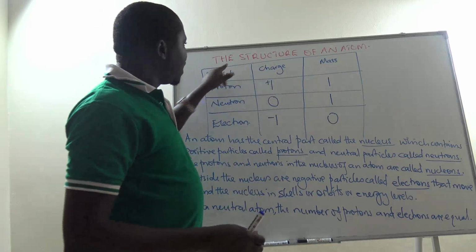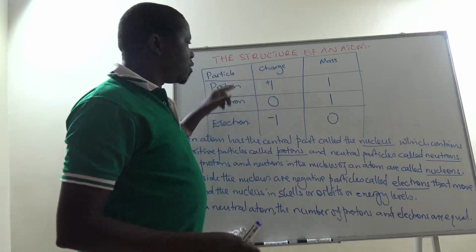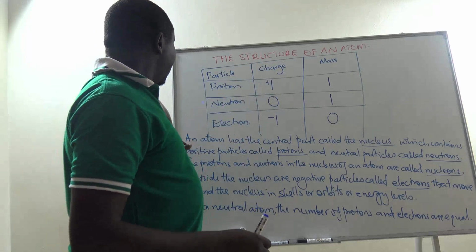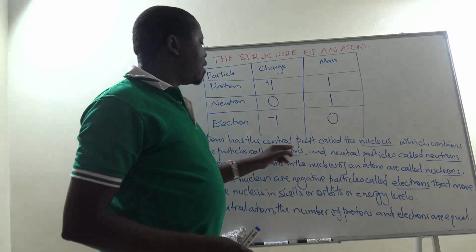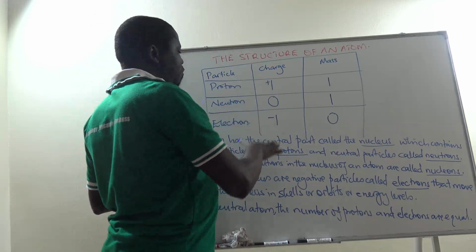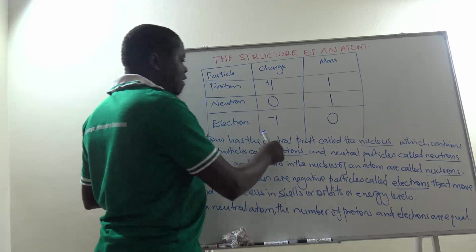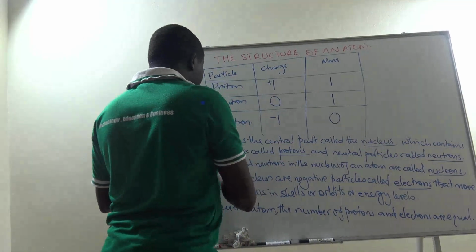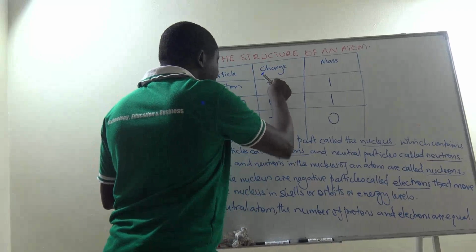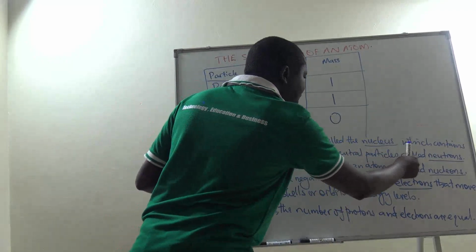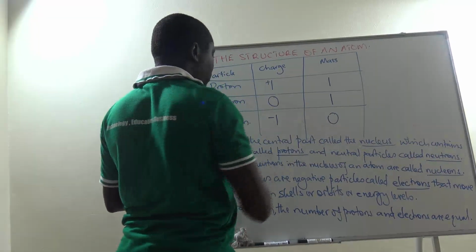So we saw the diagram of an atom, what it consists of, and this is what we wrote down as our word description of the structure of an atom. It has the central part, which is the nucleus, and it contains positive particles called protons, and neutral particles called neutrons.